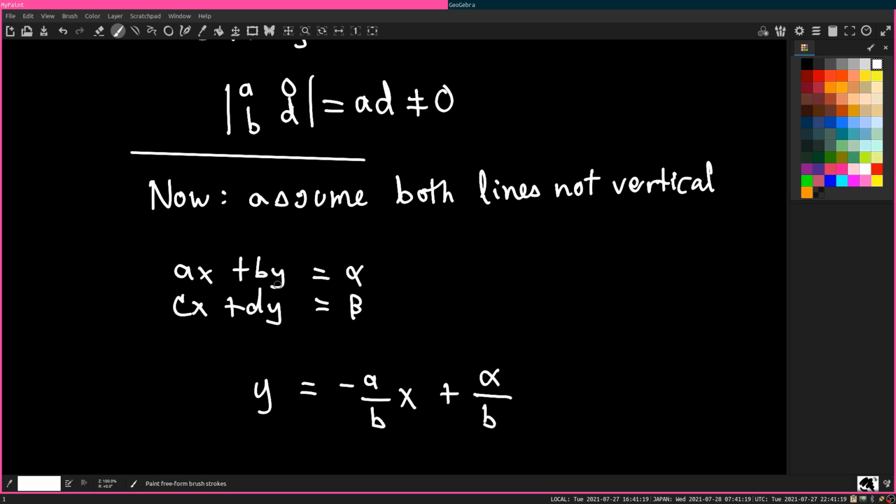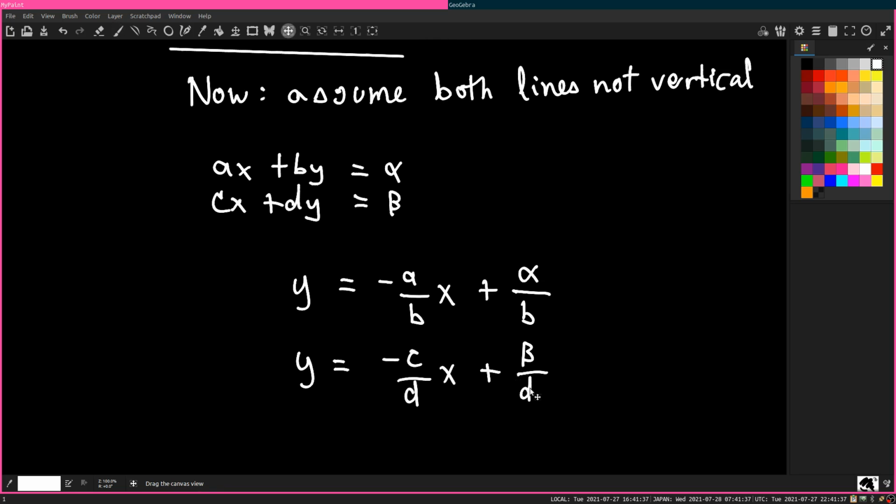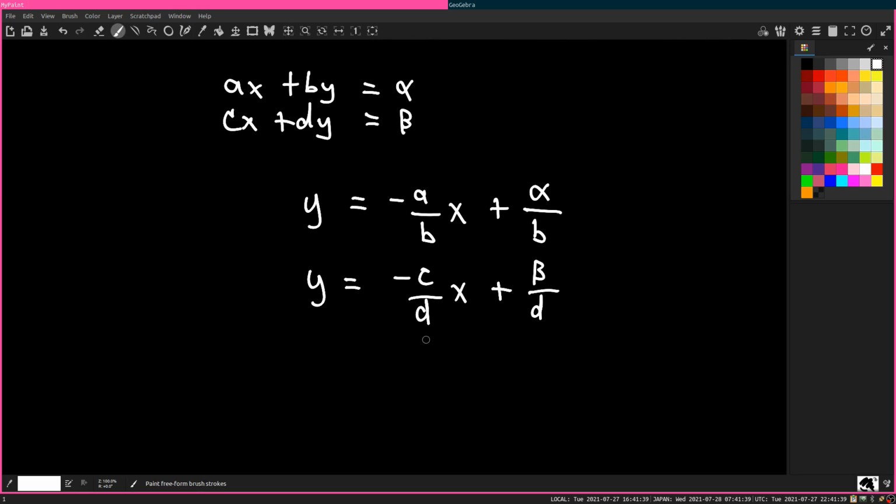All I did was move the ax over and divide both sides by b. And y is equal to, let's do the same thing, minus c over d times x plus beta over d. Now, this is describing two lines in slope-intercept form.